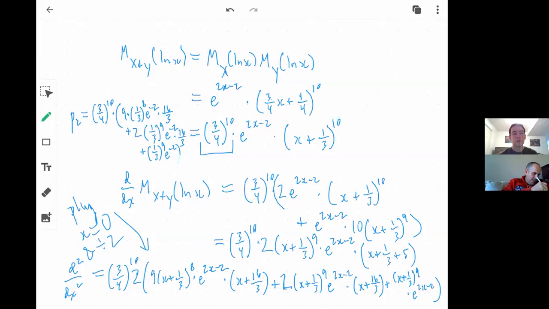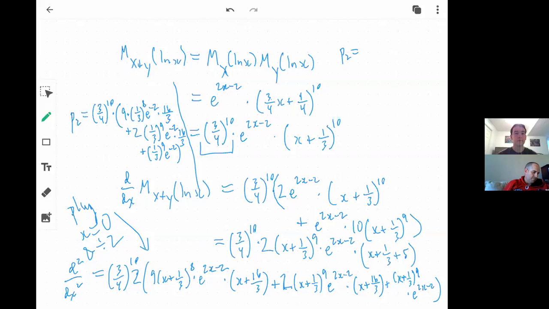Okay, is there some way we could simplify that? You can factor out an e to the negative 2 and a 1/3 to the ninth. 1/3 to the ninth or 1/3 to the eighth? Well, you have 1/3 to the eighth, but then it's multiplied by 16 over 3. Ah, okay. So what's P2 going to be then? Help me out here.